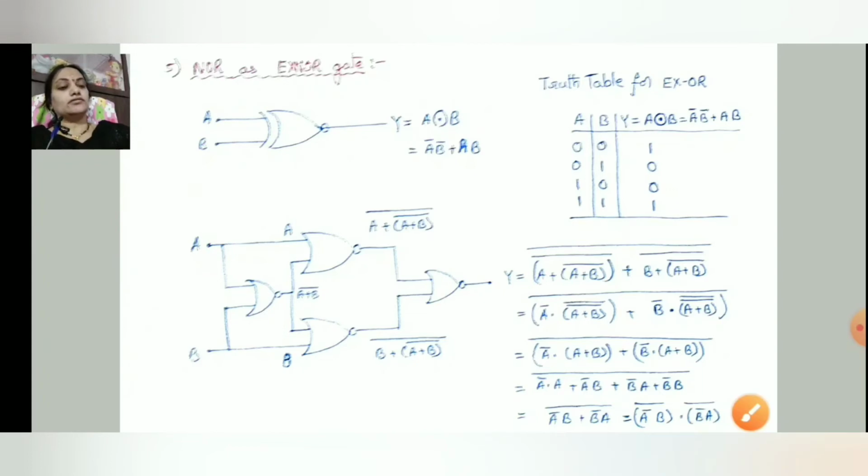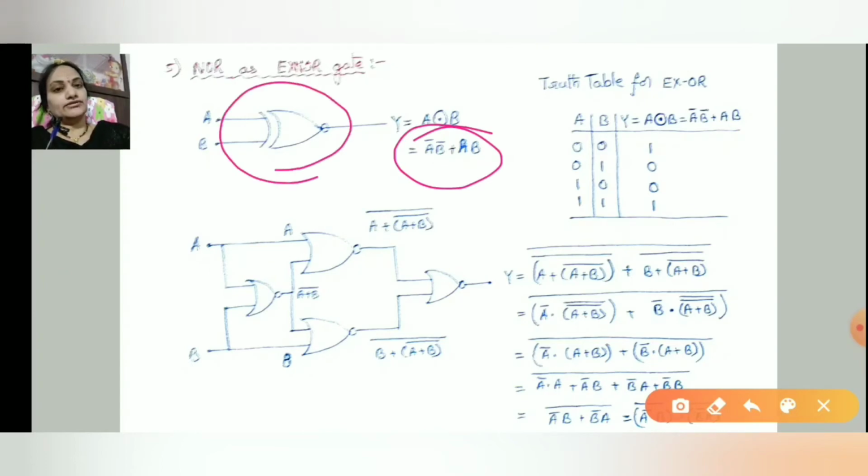So now we have to derive this expression without using this XNOR gate, but we can use NOR gates here. Okay? That is, we have to verify the XNOR operation by using NOR gates. So here the circuit is like this.